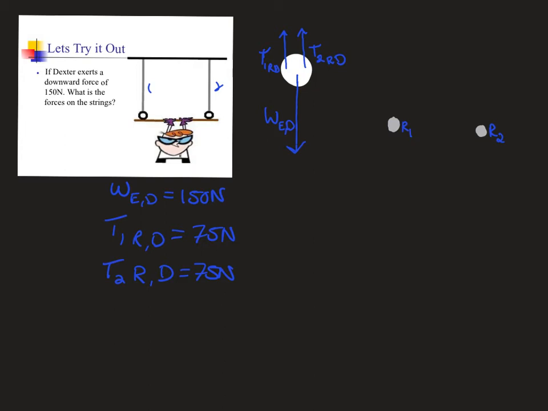We then would have a tension of, we'll just say, Dexter on rope. And that would have to be 75 newtons.